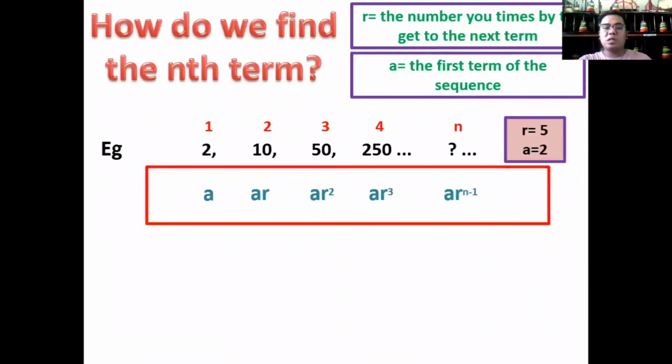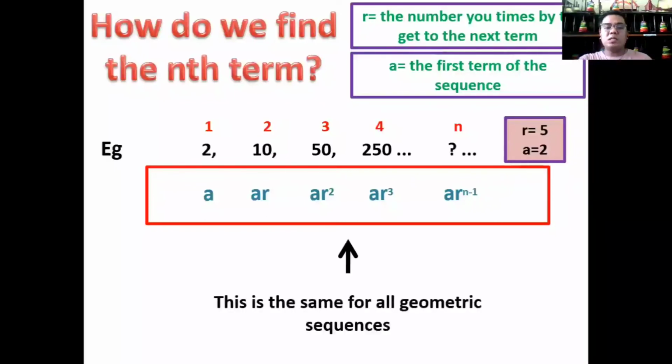That is the constant formula. This is the same for all geometric sequences: to get the nth term, you use a sub n equals a sub 1 times r to the power of n minus 1.